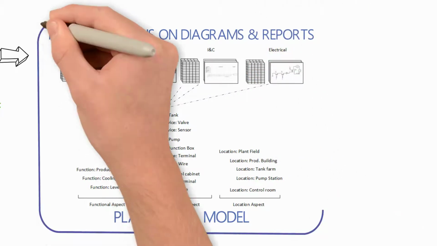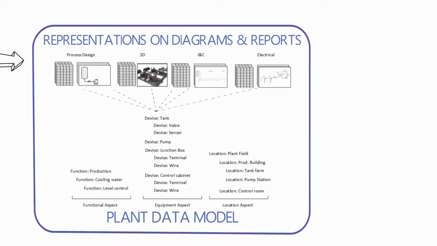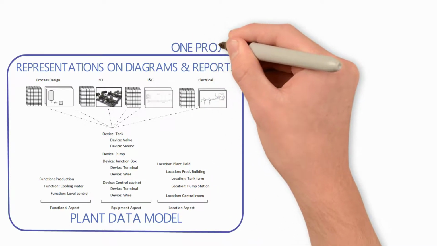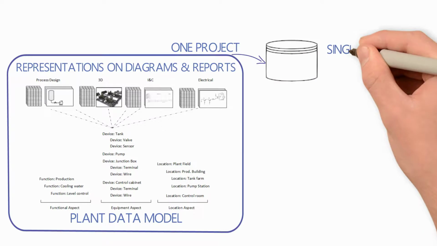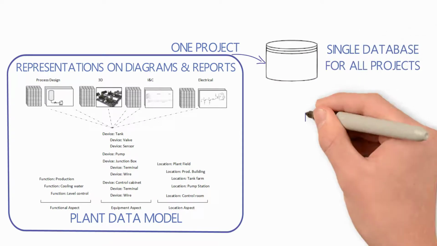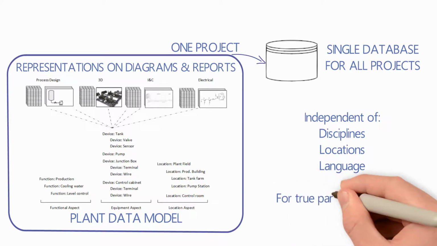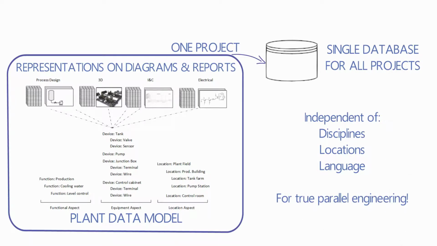This package is then stored as a project in a central database as a single source of truth. This plant data model and documentation are accessible to all engineers, independent of their disciplines, location and language, in real time for true parallel engineering.